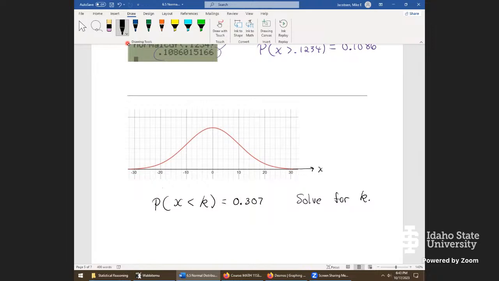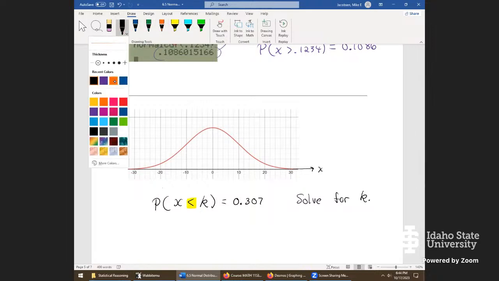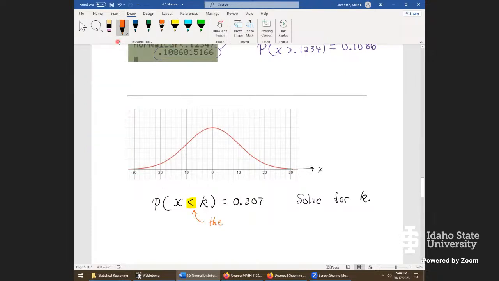To actually solve this equation, here's what we need to do. It says X less than K, so once again, we need to think in these terms. It's all about the area under the curve with our new model. So we'll say the area under the curve, the less than sign is telling us to the left, of our K value we're trying to find is 0.307.